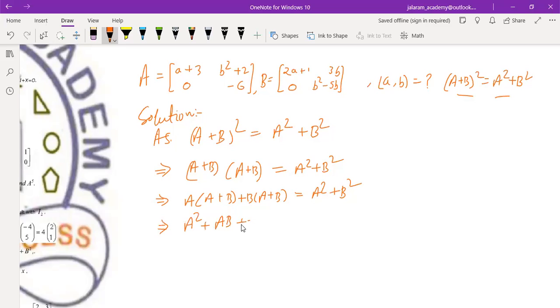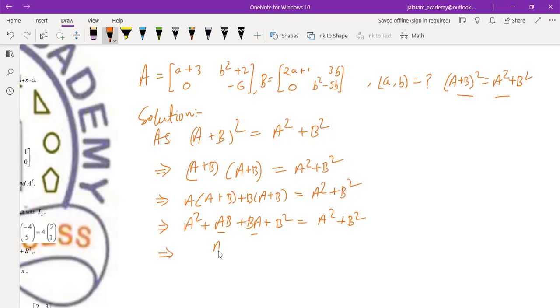And remember, B into A is BA only. It cannot be equal to AB in matrices. Sometimes only AB equals to BA; otherwise, AB is not equal to BA. Usually, in case of matrices, the product is not commutative. Plus B into B, B square, equals to A square plus B square.